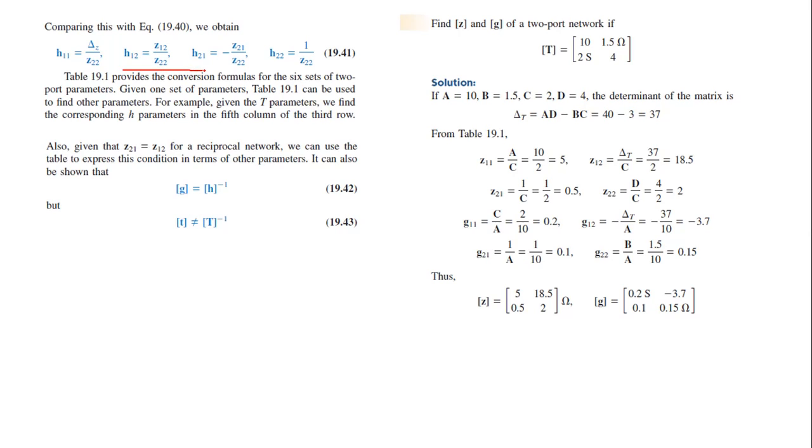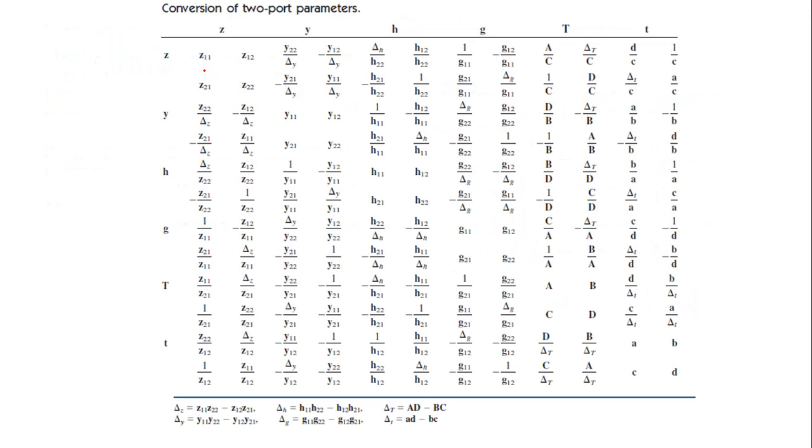Similarly, for the different sets of parameters, the relationships are given in this tabular column. You can see the 6 sets of parameters: impedance, admittance, hybrid, inverse hybrid, transmission, inverse transmission.